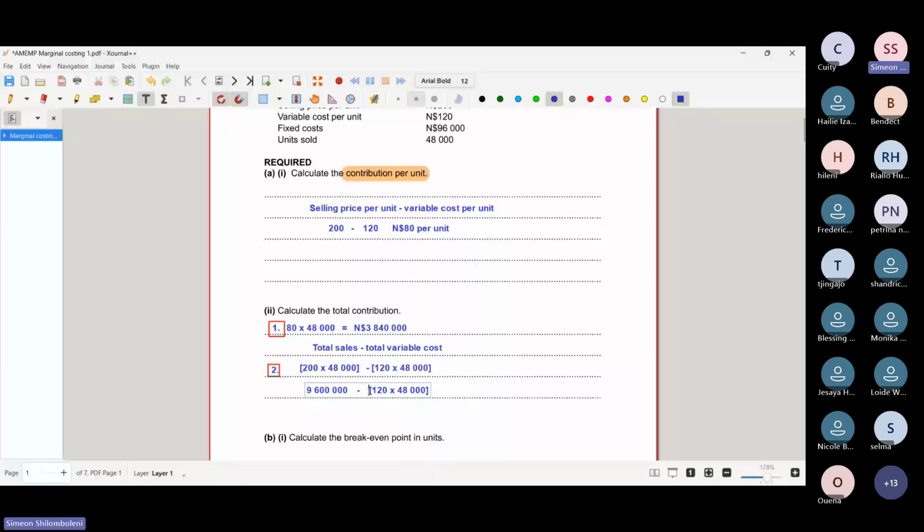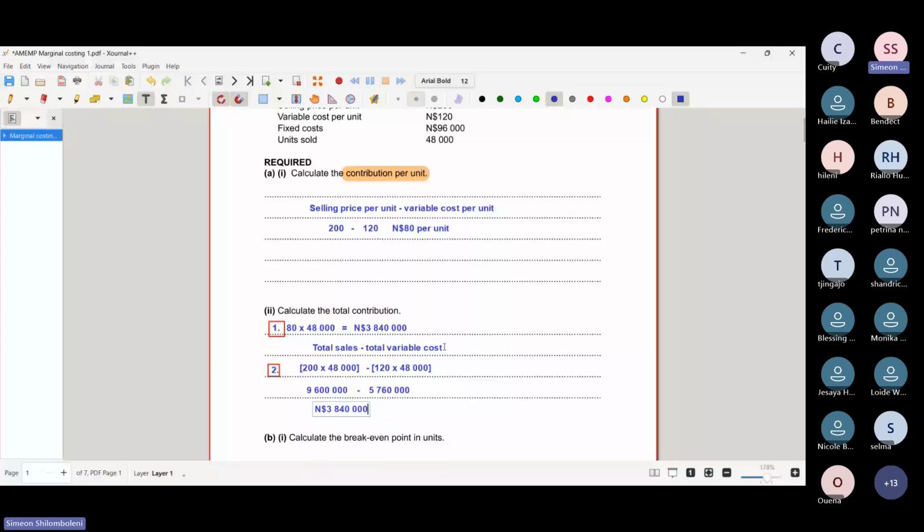I think it's what was there before. 5,760,000, isn't it? Is it like that? Yes, sir. Then it's going to give you 3,840,000. So there are two ways to do it.